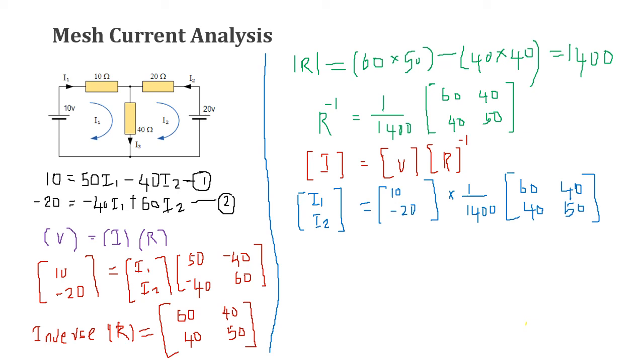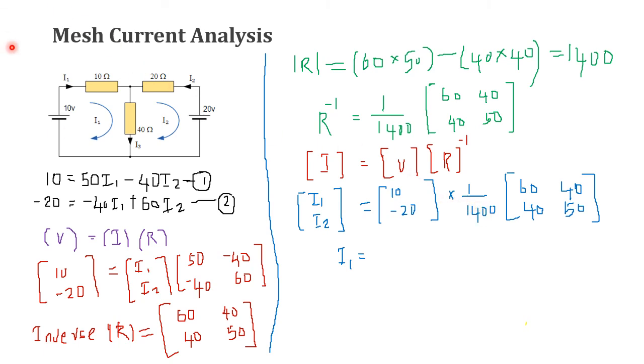So now we can find I1 and I2. Here I1 will be equal to 10 into 60 plus minus 20 into 40 over 1400. Here we can take 1 over 1400 as common.